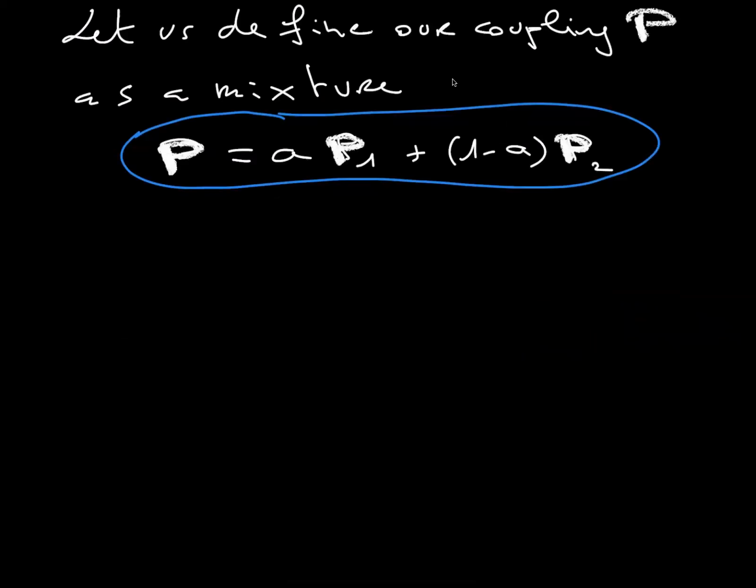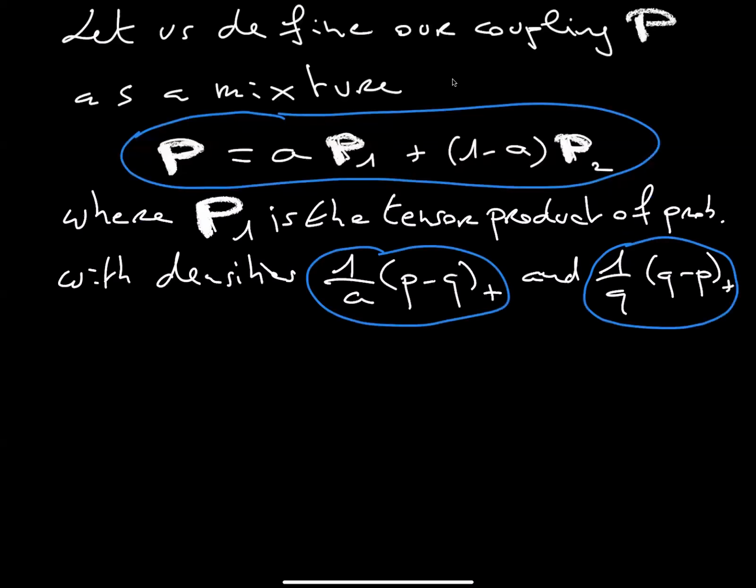And now we defined our coupling as a mixture. It's a mixture between P1 and P2. So what is P1? What is P2? P1 is a product probability measure. It's a product between the probability measure which has density 1 over A, P minus Q positive part.